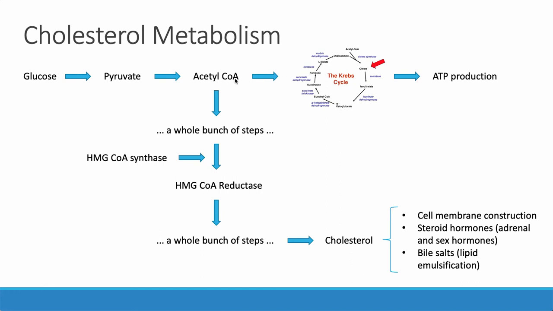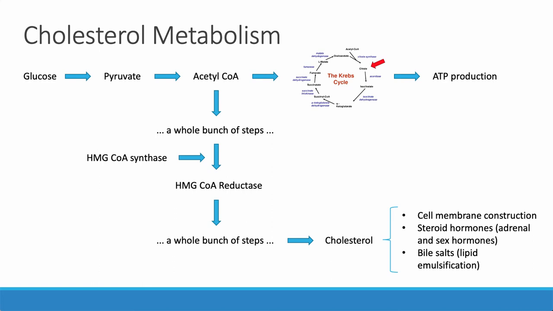But another arm of the acetyl coenzyme A metabolism goes to produce cholesterol. It goes through a whole bunch of steps where you get acetyl-CoA plus acetyl-CoA, acetoacetyl-CoA. It's a weird thing.